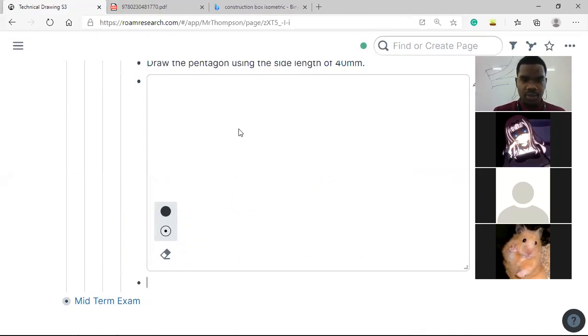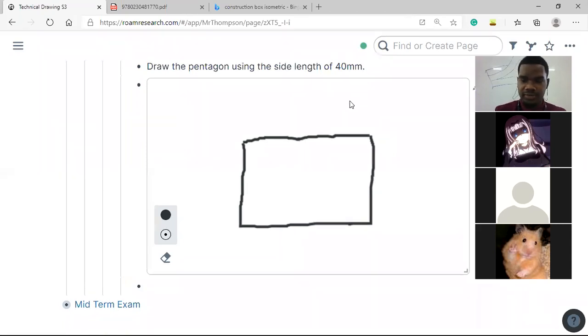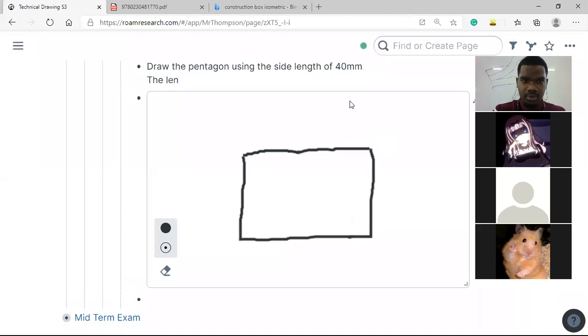Okay, so again, draw your construction box like how we did last class. Here's a construction box. Sir, what's the length of each side of the construction box? Right, so the length of each side is going to be the same as last time, which is 70. The length of the construction box is 70 millimeters.